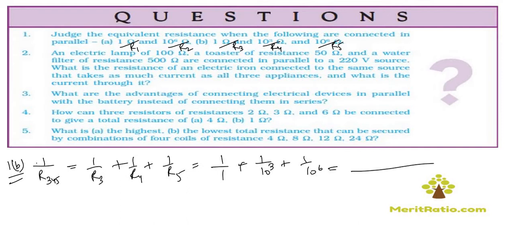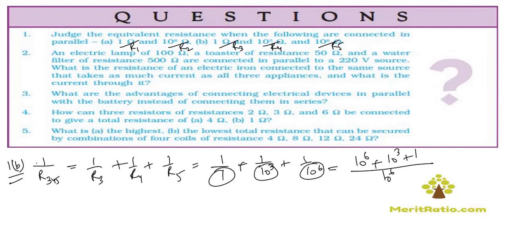How much are we getting? As you take the LCM of 1 and 10 to the power 3 and 10 to the power 6, we will get 10 to the power 6. And how much in the numerator? 10 to the power 6 plus 10 to the power 3 plus 1.